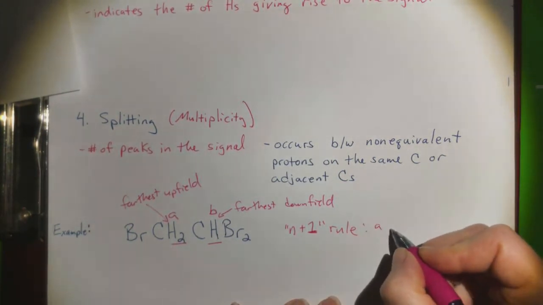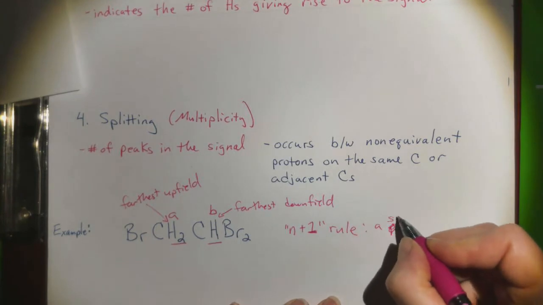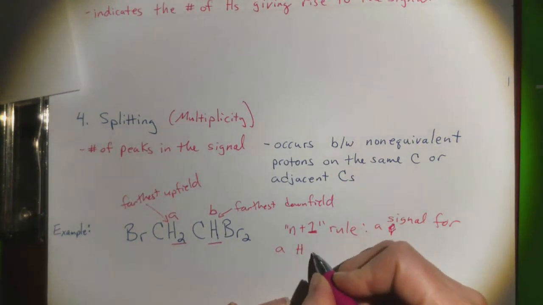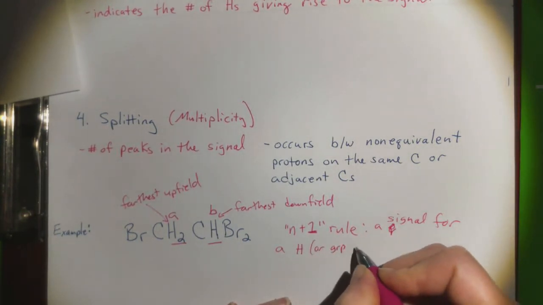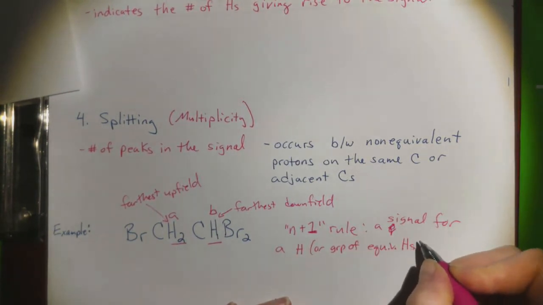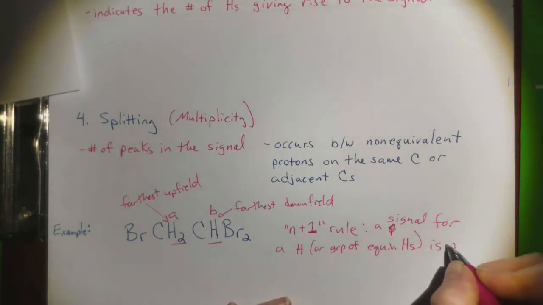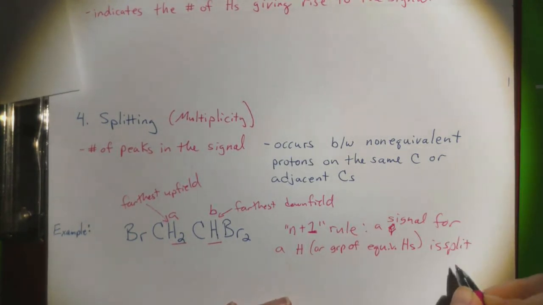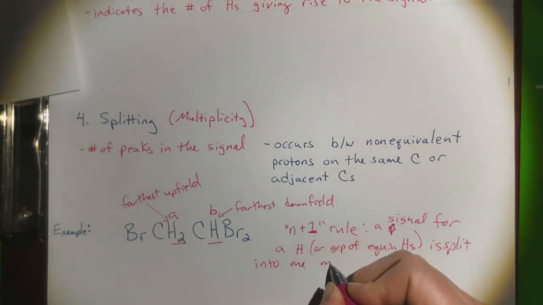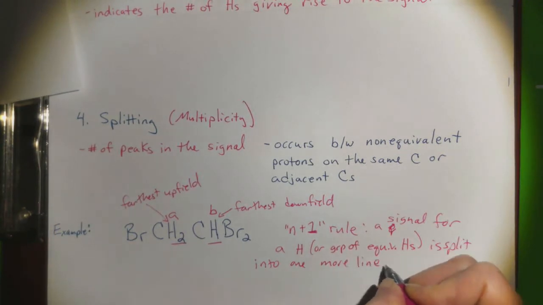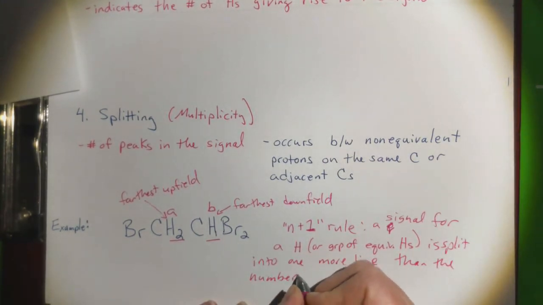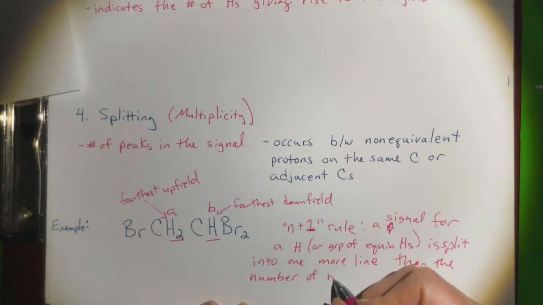So a signal for a proton or group of equivalent protons is split into 1 more line than the number of neighboring H's.